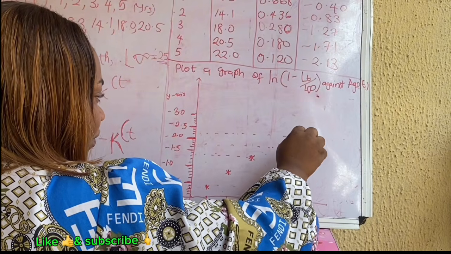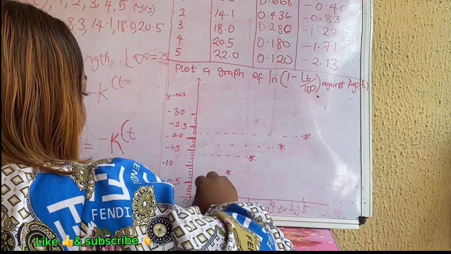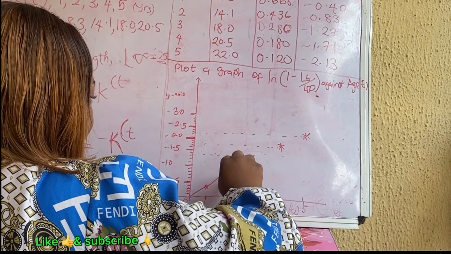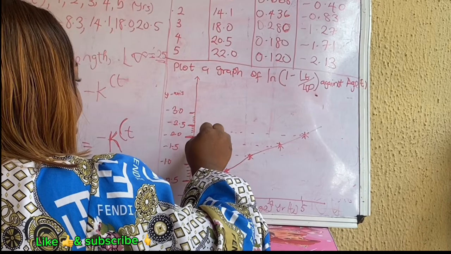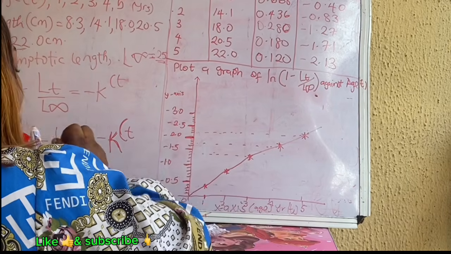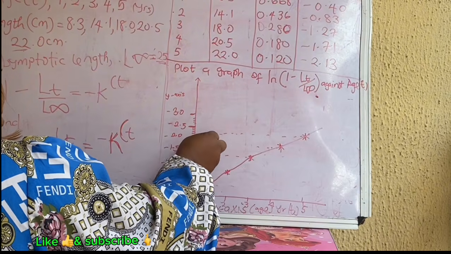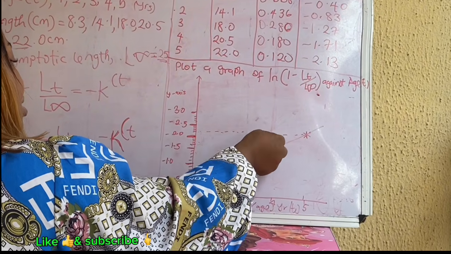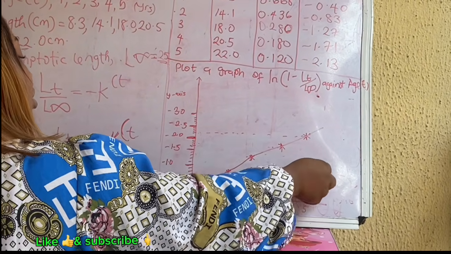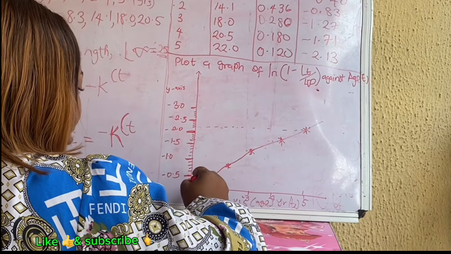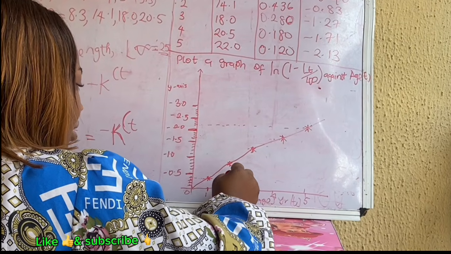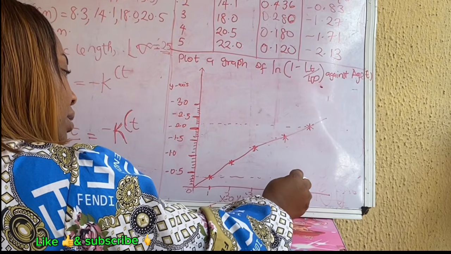under age 5. Your graph must be in a linear form. So if you check, this is the maximum length. We have to clean all this. I just did this to get the tracing to make sure it is in a linear form. This is the maximum, and this is the lower length.